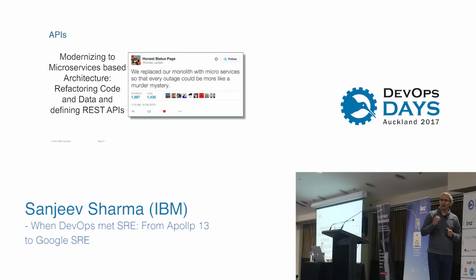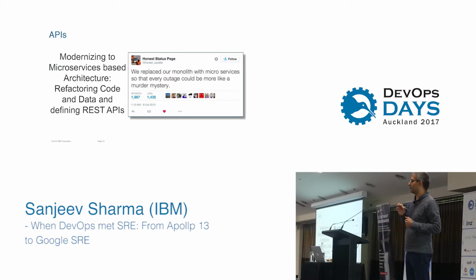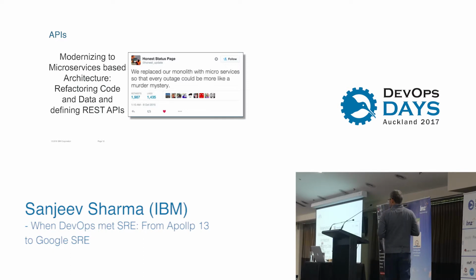If you cannot do a root cause analysis for an application failure when you have 100 applications, and it takes you hours to do it, how do you do it when you have 8,000 microservices running?